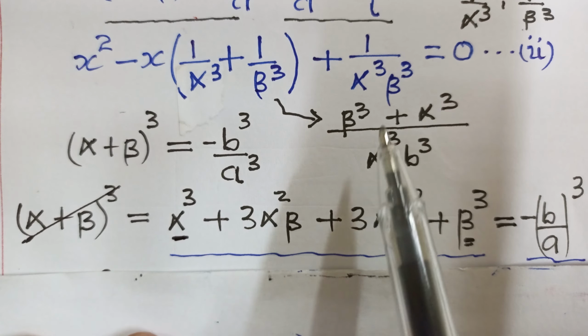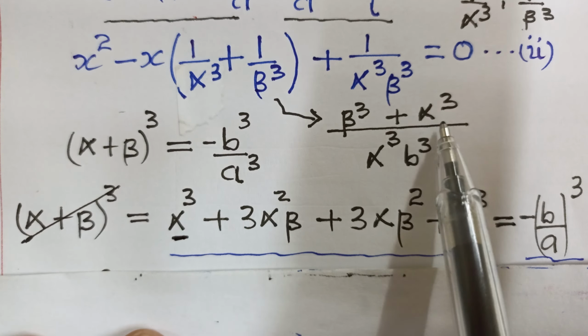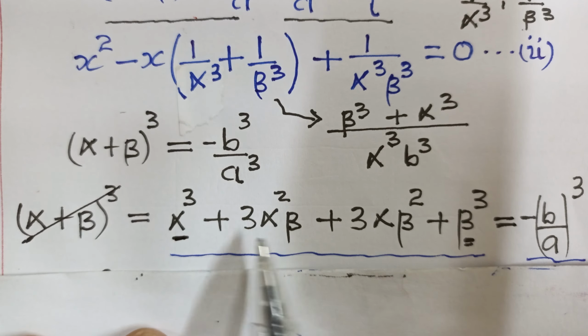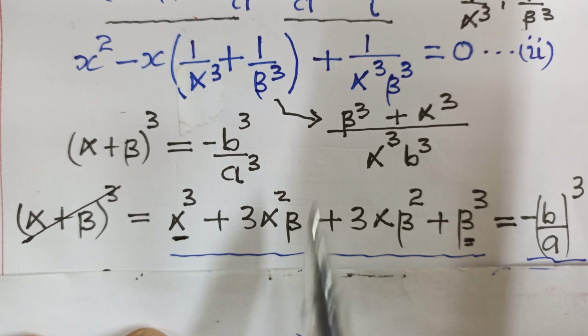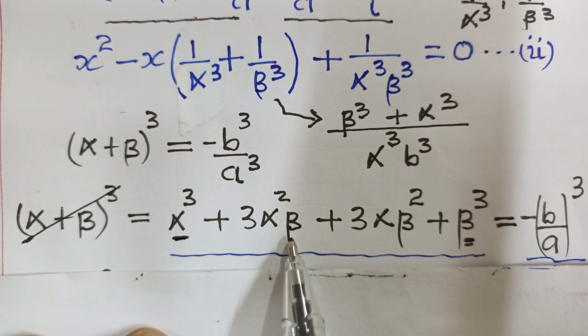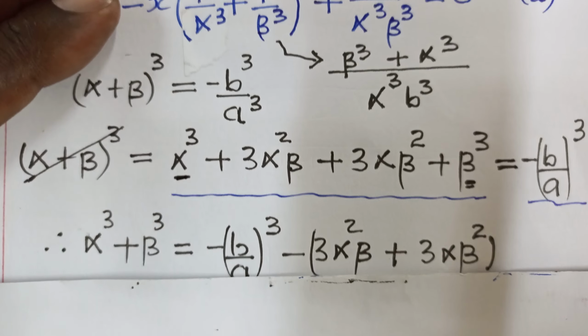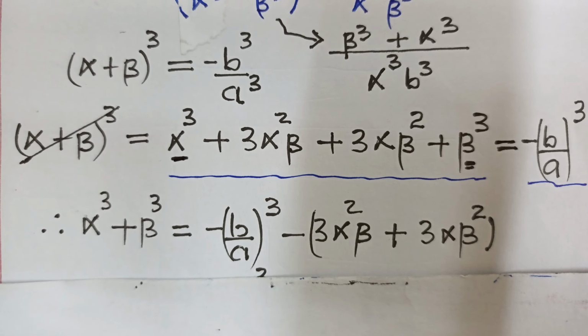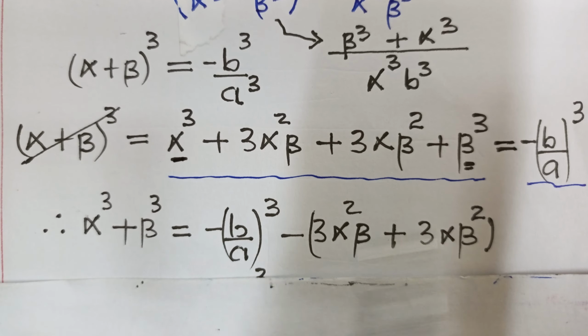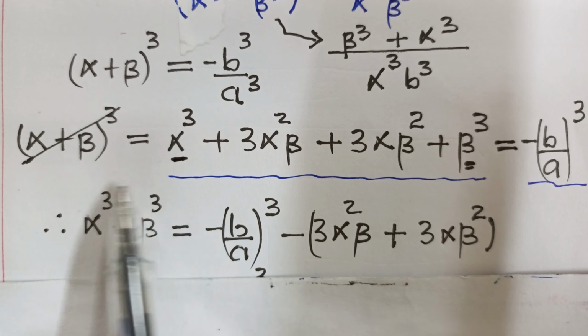And so therefore, guys, so that we are left with this and that, we are just going to move all the other figures to this other side. That is 3 alpha squared beta plus 3 alpha beta squared on this other side. And this is now what we have. As you can see, we have moved all the values to the other side. We are left with that.